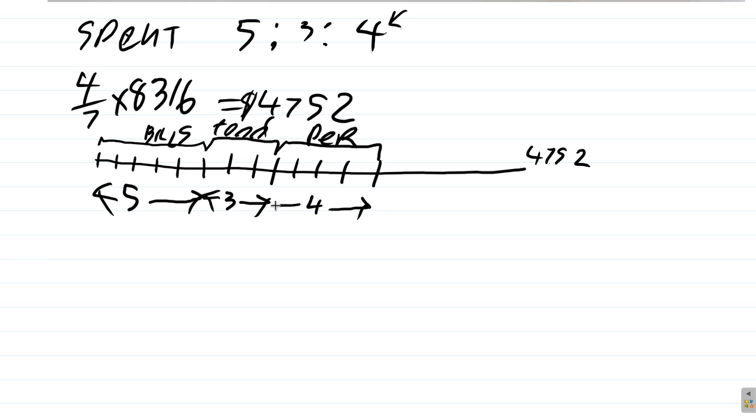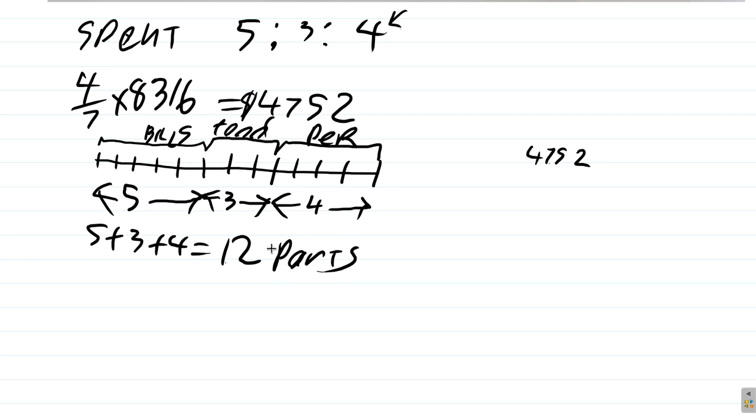Good. How many parts did you have to cut that proportion into? 5 plus 3 is 8. 8 plus 4 is 12. So you have 12 parts, and you can see that: 1, 2, 3, 4, 5, 6, 7, 8, 9, 10, 11, 12 parts that you cut the money into. Now, how large is each part?